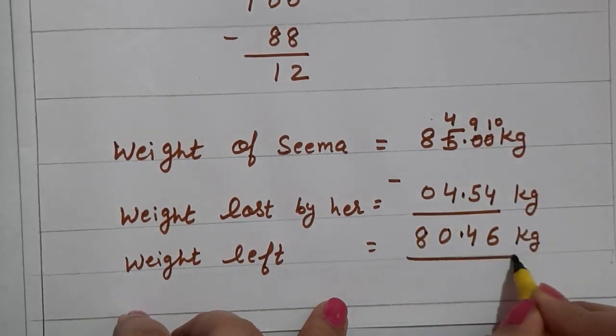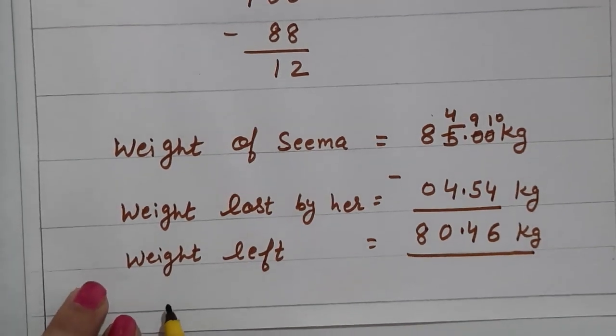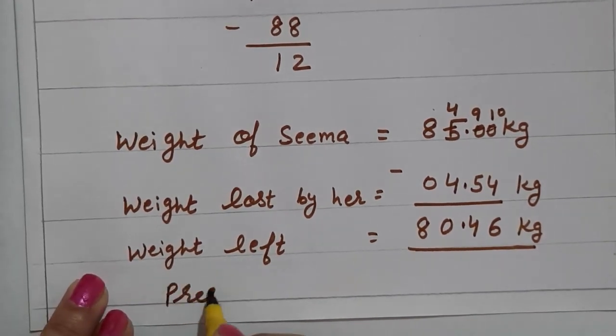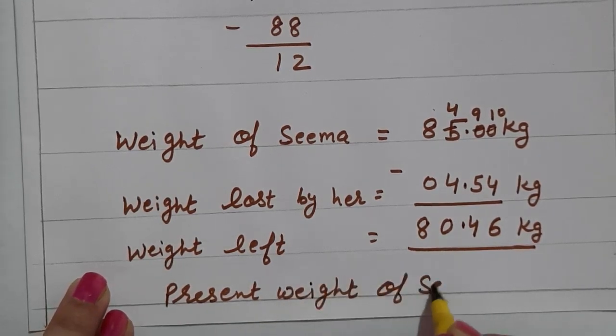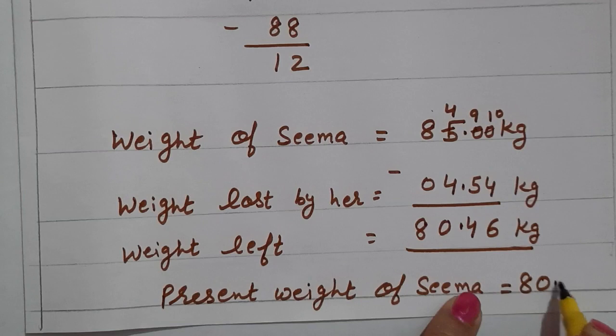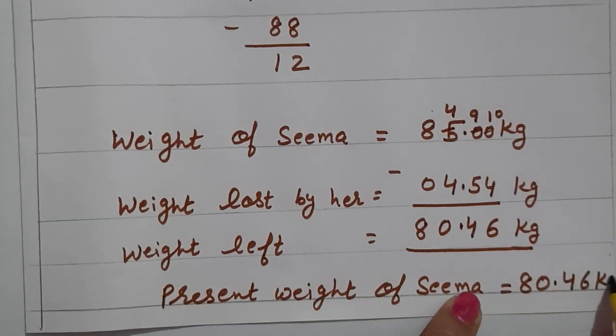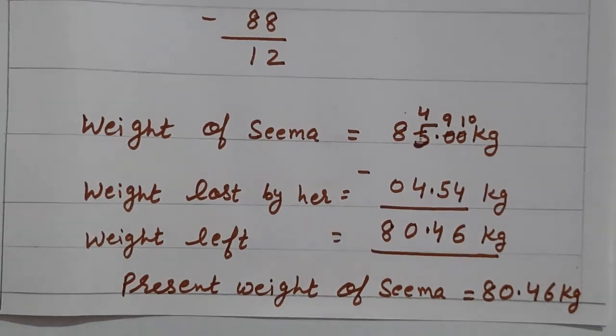So this is the weight which is left. So at last write down the present weight of Seema. You can write down the same statement here also. 80.46 kilogram. This is the weight left. So have you understood how to move in this question step by step?